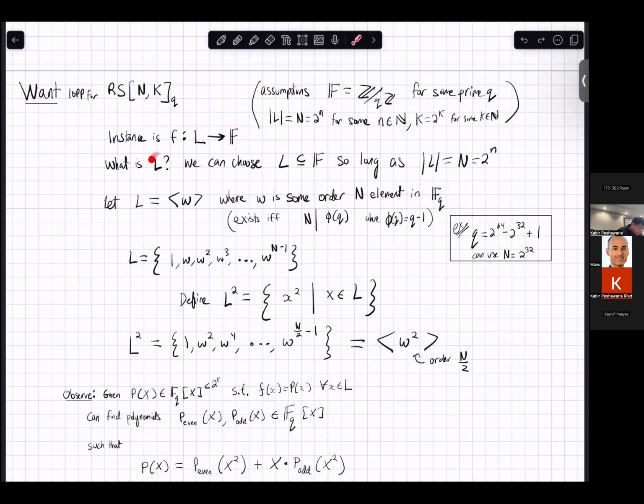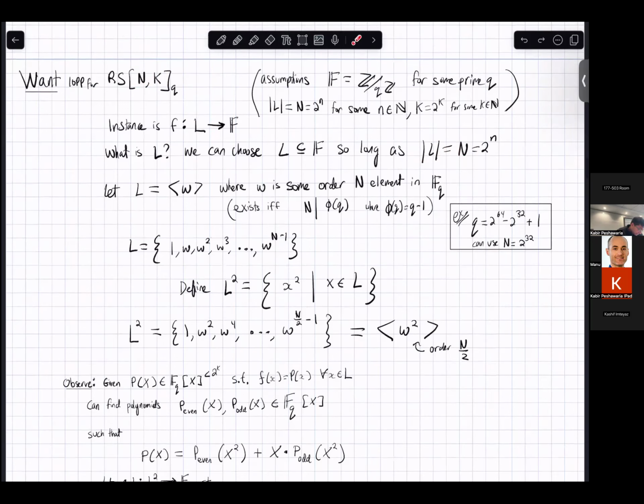And what is the domain? Well, we can choose the domain as long as its size is capital N. We're going to choose this domain to be the multiplicative group generated by omega, where omega is some order capital N element.